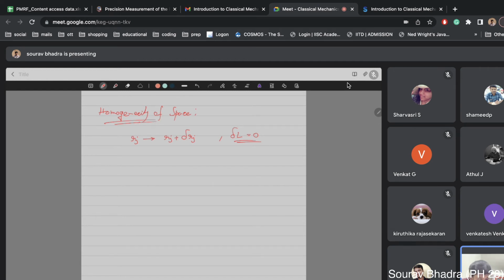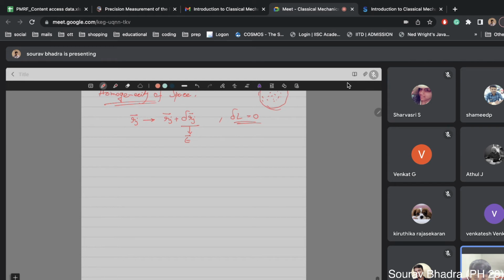Okay, so now suppose this is a system with many particles. For the sake of simplicity, suppose for every particle the displacement is equal, that is epsilon. Okay, now what will happen?